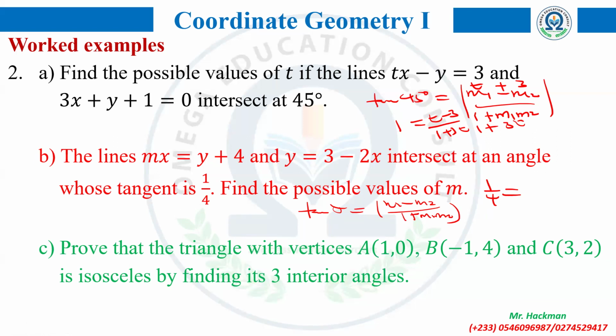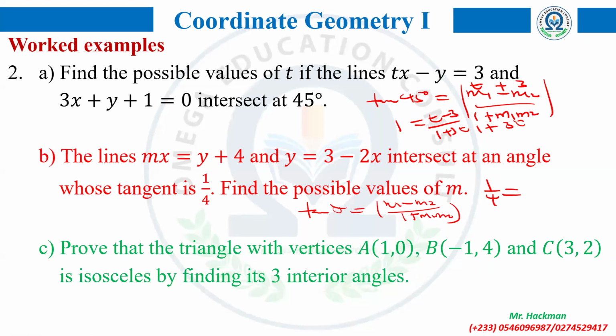With the other one, you were looking for theta, so you had to find tan inverse. With that one, you were given theta, so you knew tan theta, 45. With this one, you were not given theta, but you know the whole of tan theta, and that is 1/4. You get it?